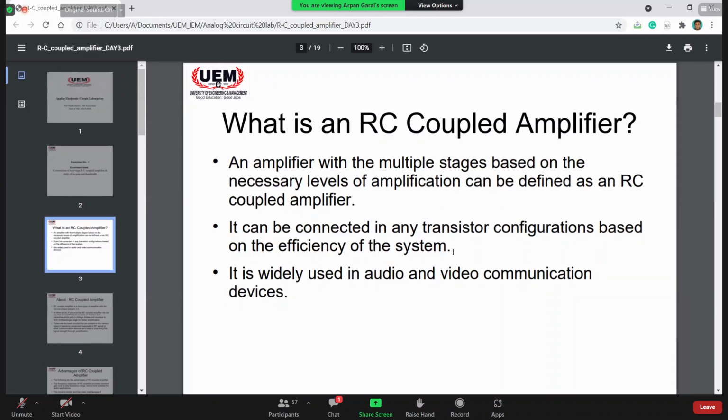In any kind of transistor based systems like radio and television, an amplifier is often required. The amplifier is connected with those machines to increase the level of the signal.